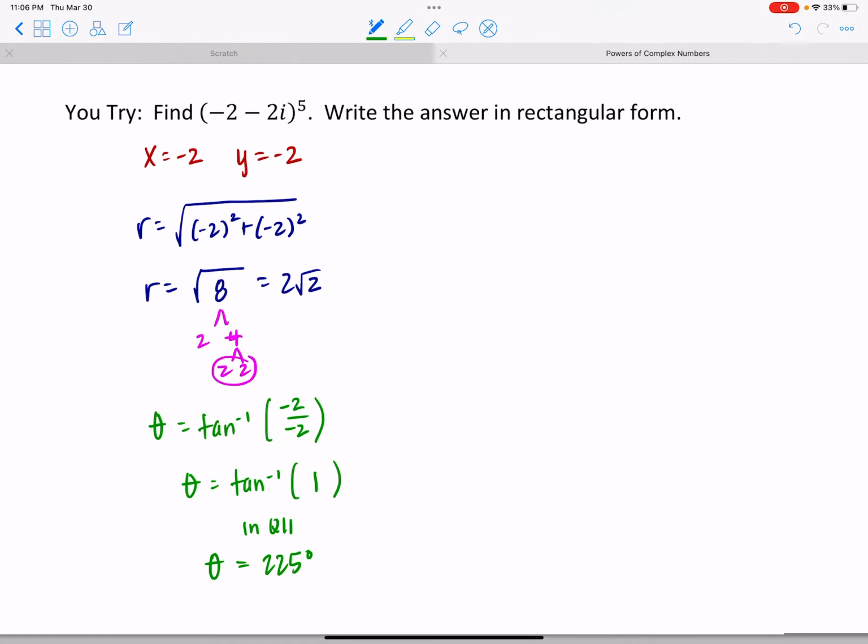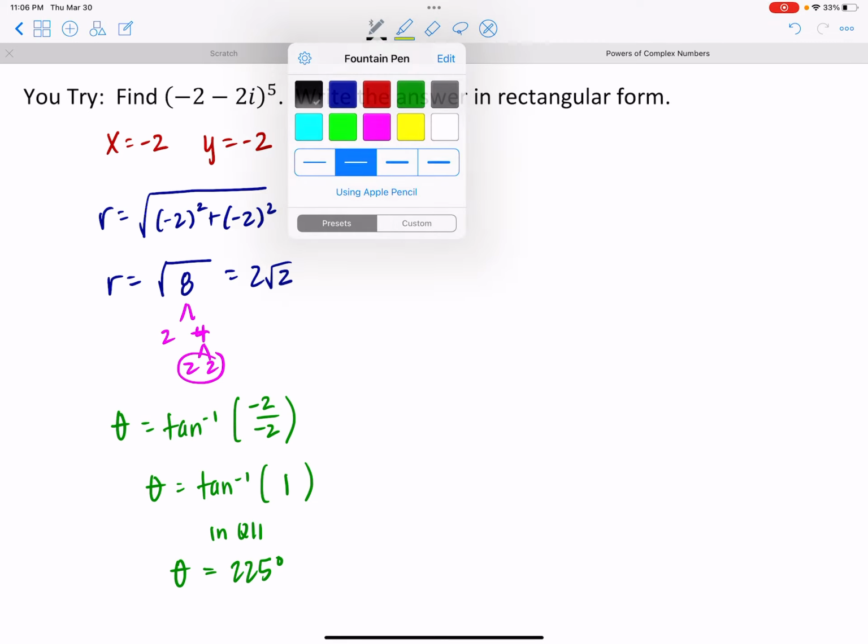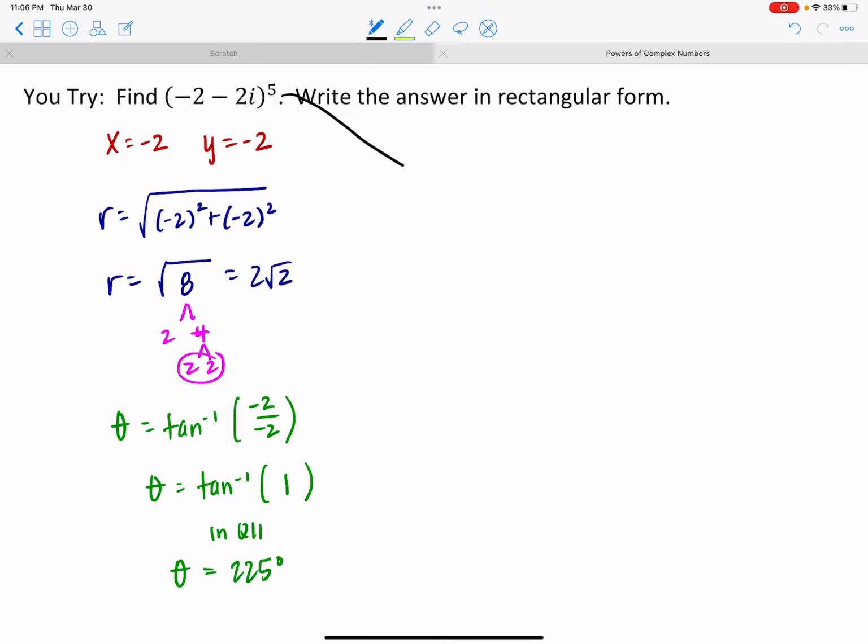So now I have r and theta, which means this can be rewritten. We're looking at r, which is 2 radical 2, cis 225 degrees, and I'm raising this to the 5th power. So I'm going to take the 2 radical 2 and raise it to the 5th power. Now I'm wondering if I should have left the radical 8.